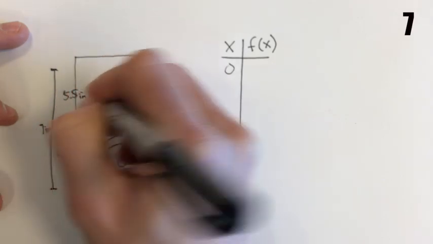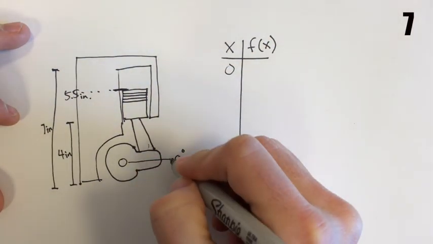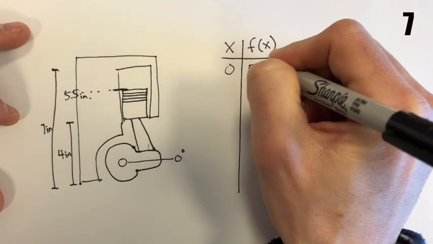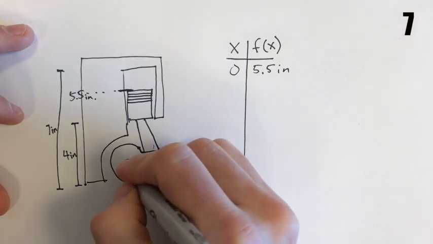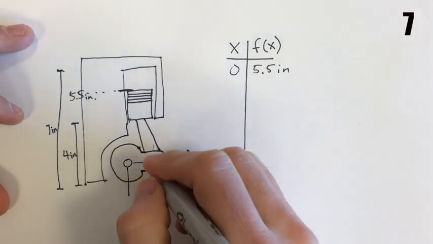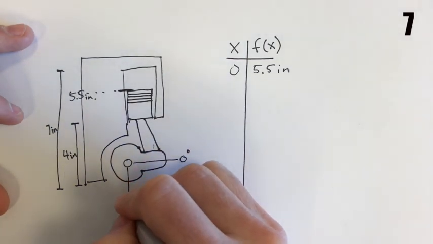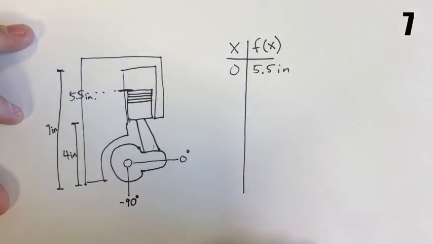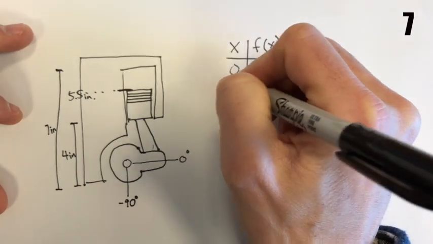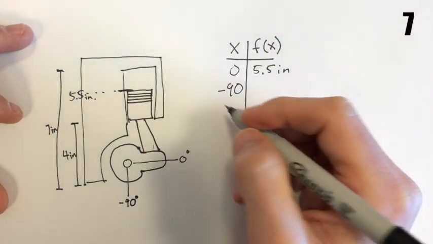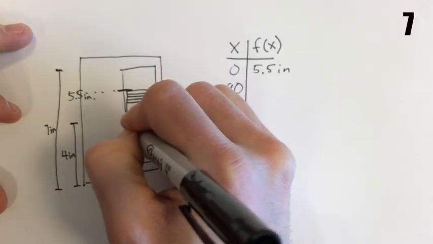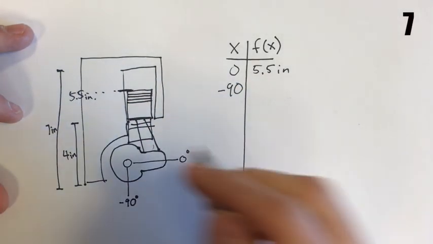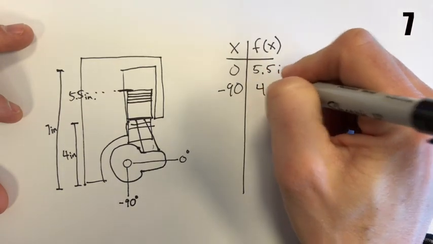Now, when this thing rotates down to here, which is negative 90 degrees, it's rotating this way. This piston head gets pulled all the way down here, and that's at 4. So negative 90 is 4 inches.